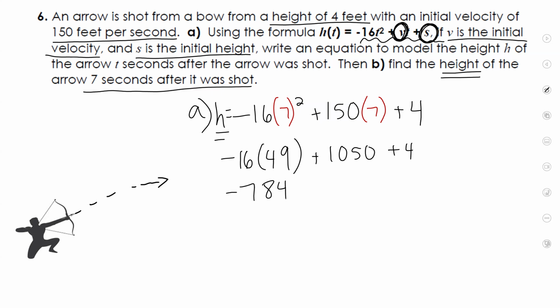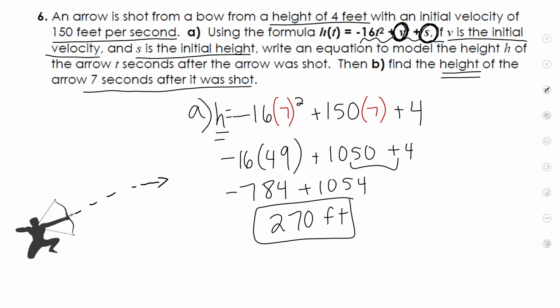Now you're going to add 1,050 and 4. We combine those. And what did you guys get? 270 feet. Perfect. So guys, that means the highest the arrow reaches, actually not the highest, after 7 seconds. So in 7 seconds, it reaches this height.